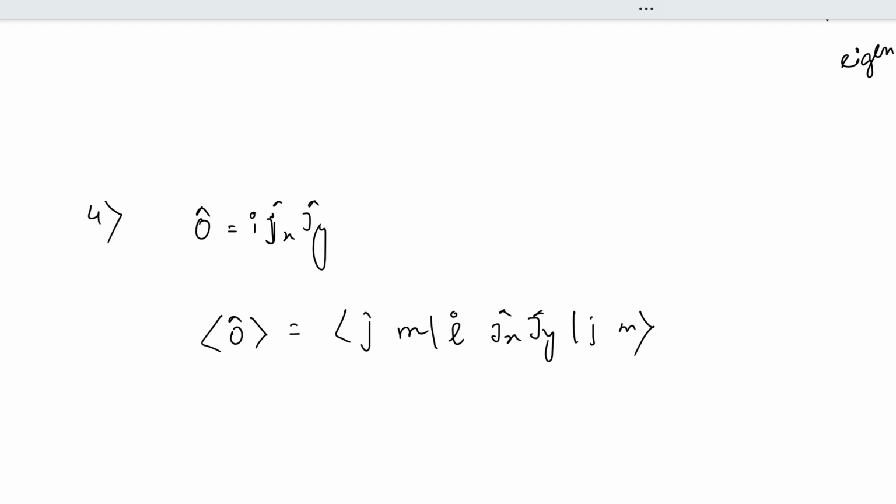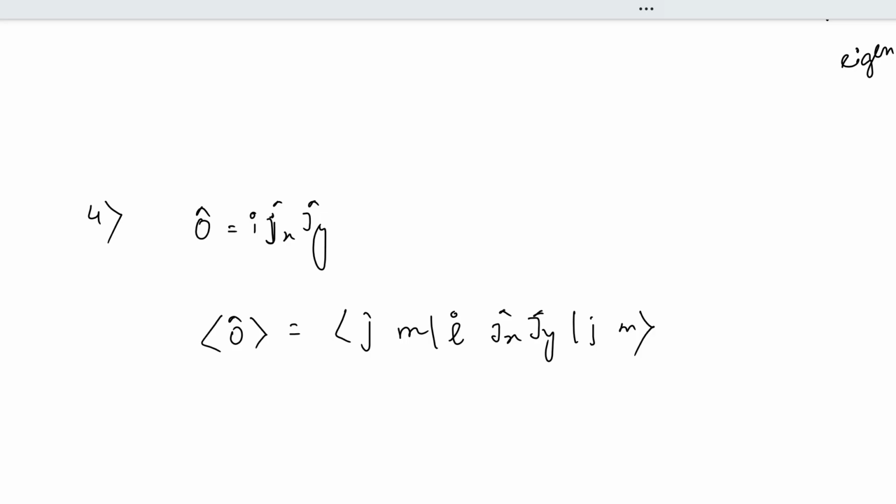Now you know that Jx equal to J plus plus J minus by 2 and Jy equal to J plus minus J minus by 2I. This is 1 by 4I J plus J minus.